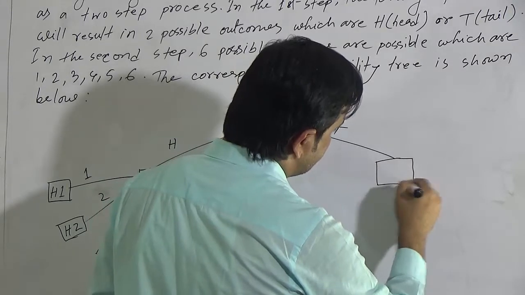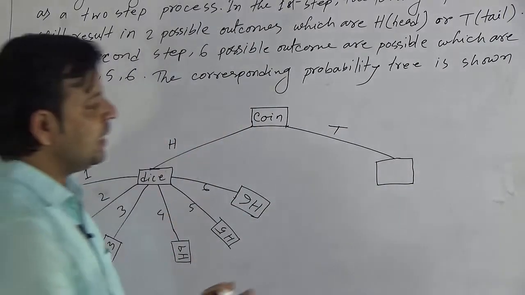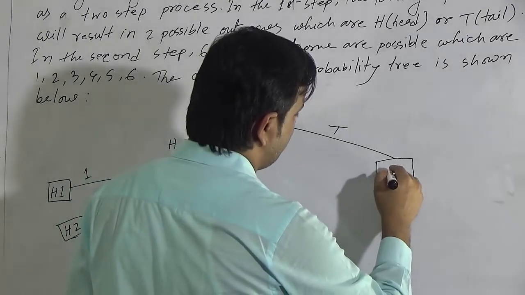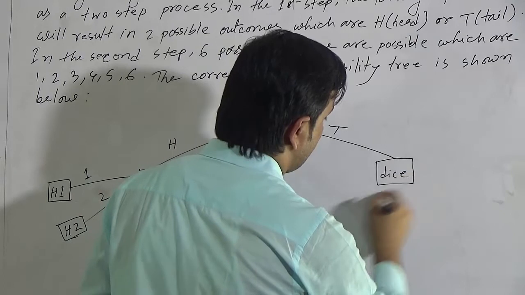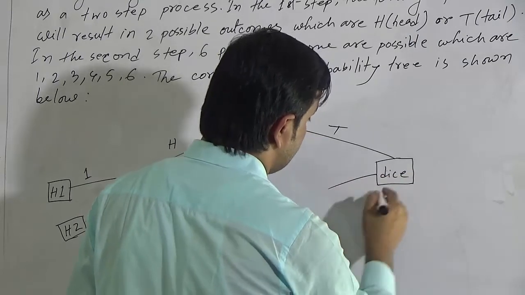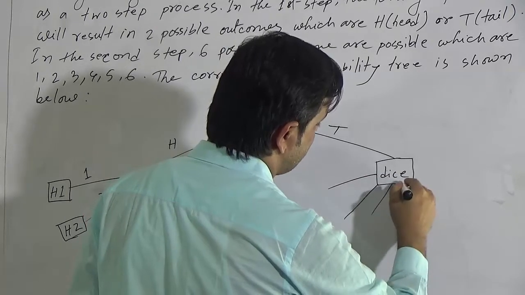And here, if we get tail in coin, then we throw the dice. Then we will get 6 outcomes here also.